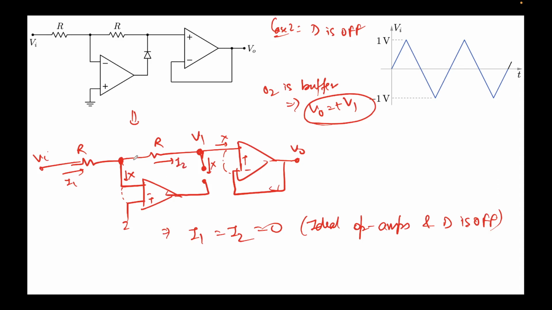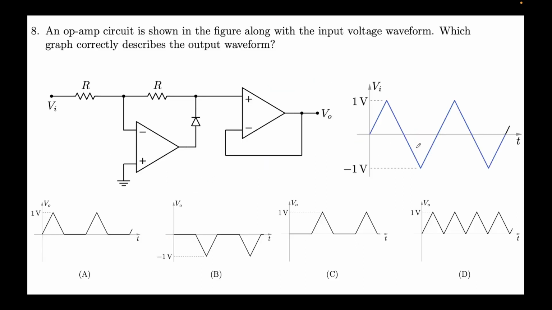If I2 is 0, what that means is that there is no voltage drop over here, right? So I2 is 0, which is equal to 0 minus V1 over R. This will give me V1 is also 0. So V1 is 0 volts, right? This will give me that V0 is at 0 volts, right?